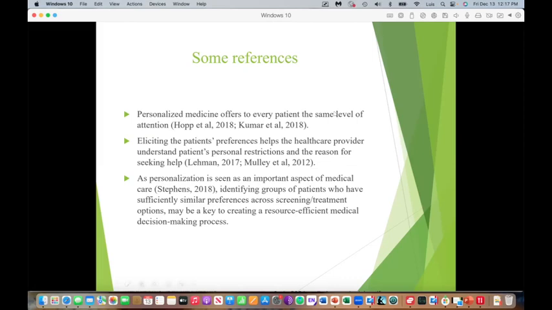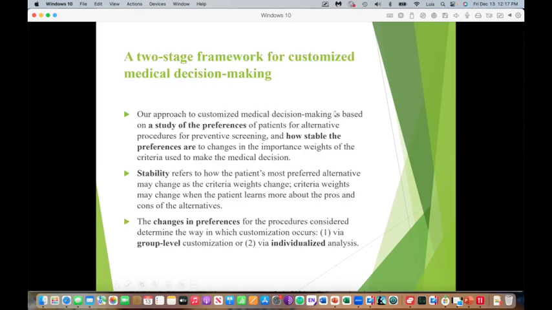You see the example. To be able to do this, you need to know the preferences of the patient. Jim Dolan, you probably remember, many years ago had a set of patients whom he had asked about which procedure they prefer to diagnose or prevent cancer of the colon.